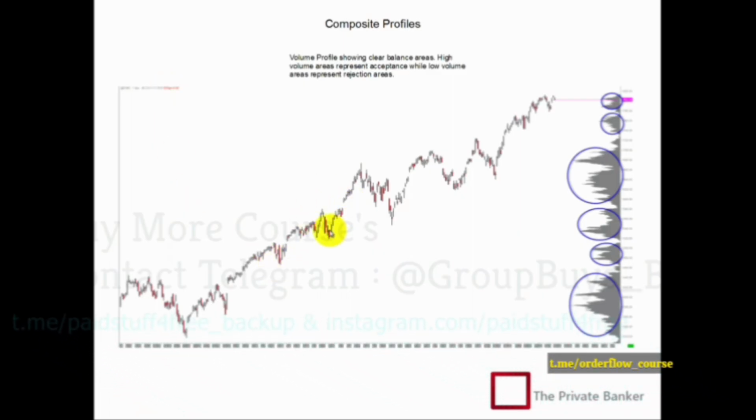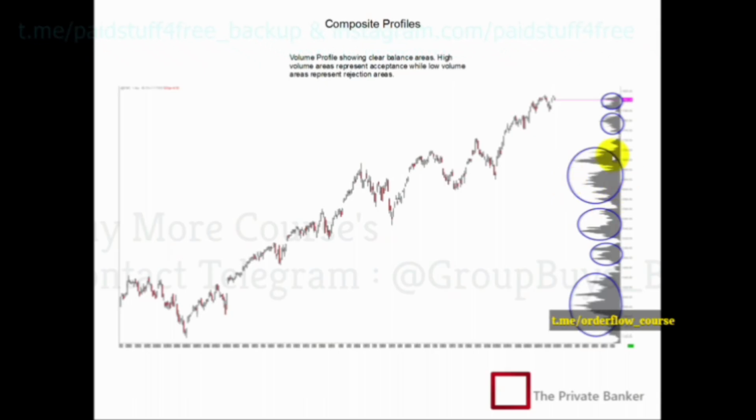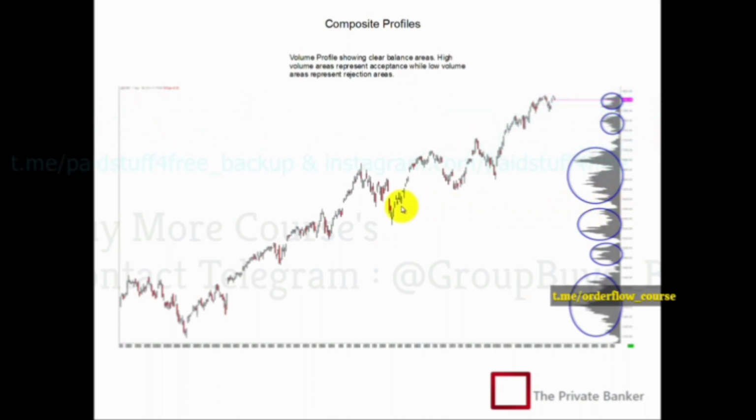What we're envisioning here is seeing how the market is rotating between these high volume areas as the auction moves higher and lower. I've circled real high volume or balance areas, and between these are low volume areas where the market really just has not spent any time trading and filling in volume.